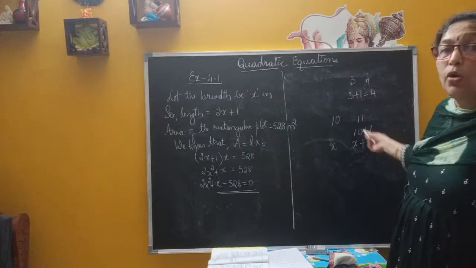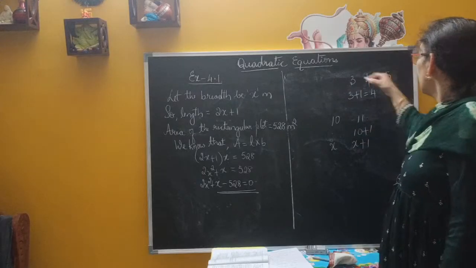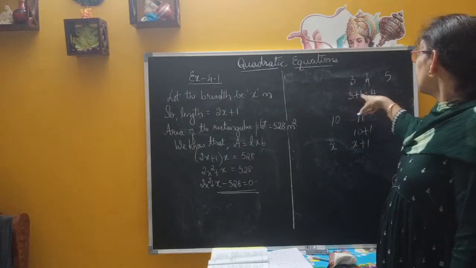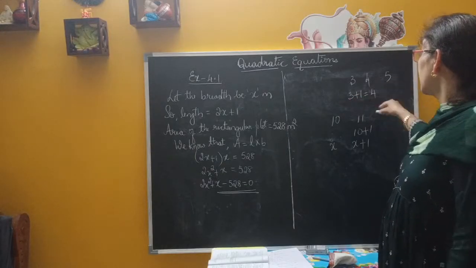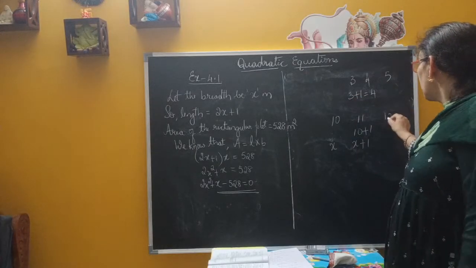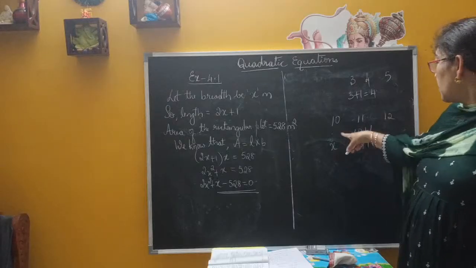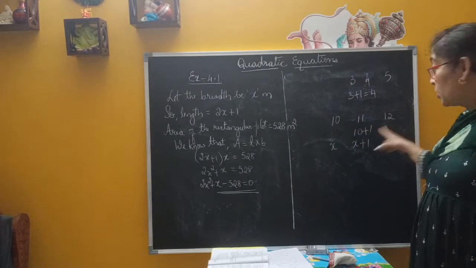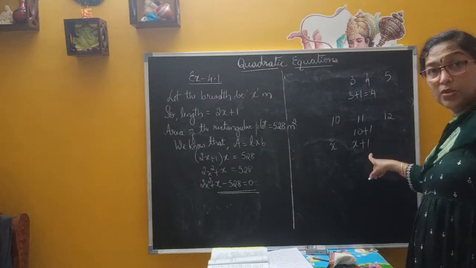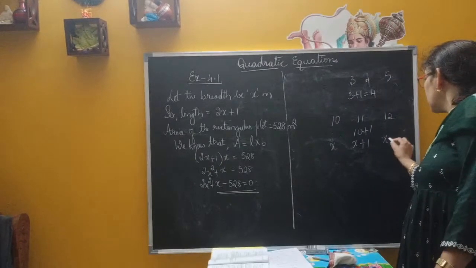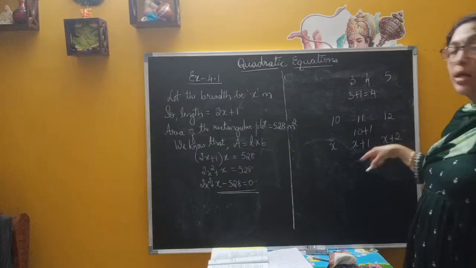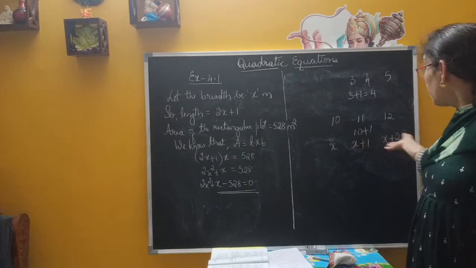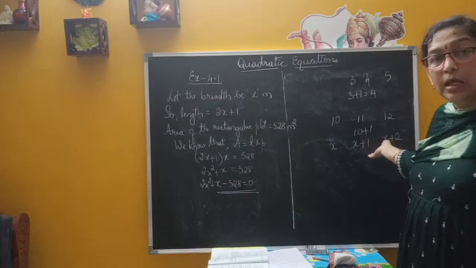If you want one more number, say 3, 4, 5, how do I get the next using x? 3 plus 1 is 4, 3 plus 2 is 5. Similarly here, if I want one more number, 12: first number 10, 10 plus 1 is 11, 10 plus 2 is 12. So here x is the first number, x plus 1 the second number, x plus 2 the third number. It continues like this only. So this is the pattern of consecutive numbers.